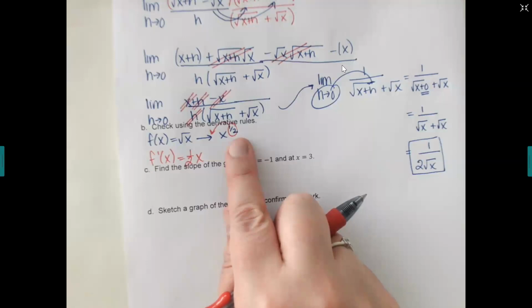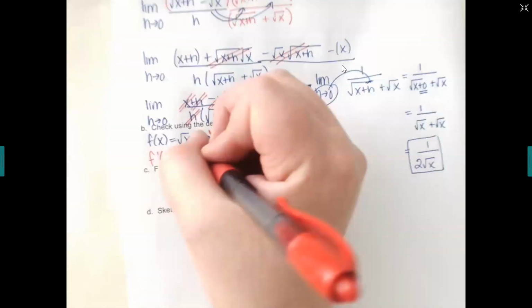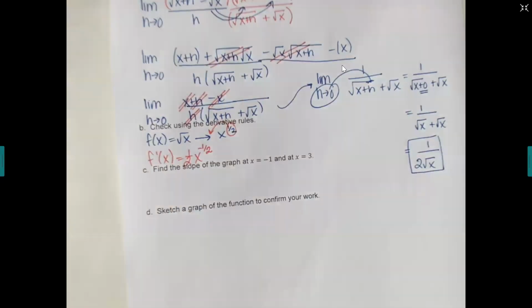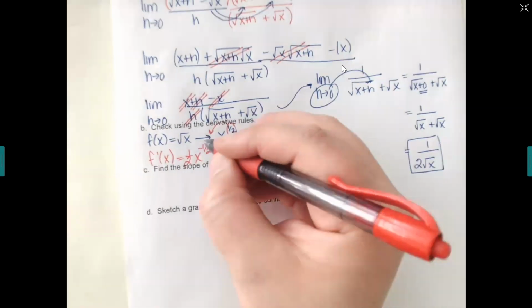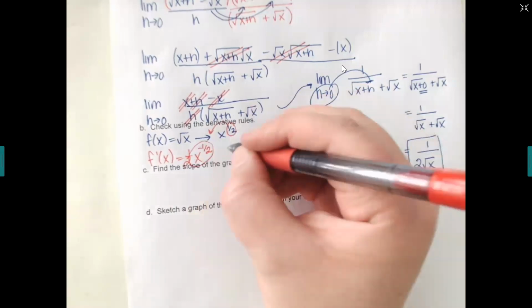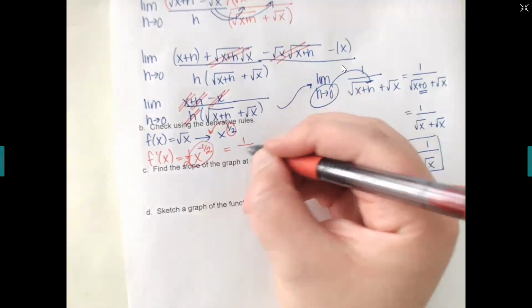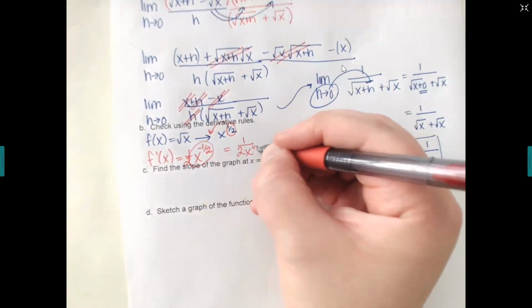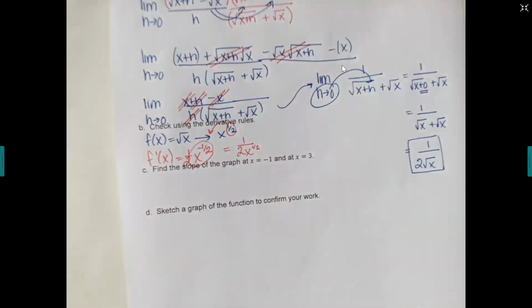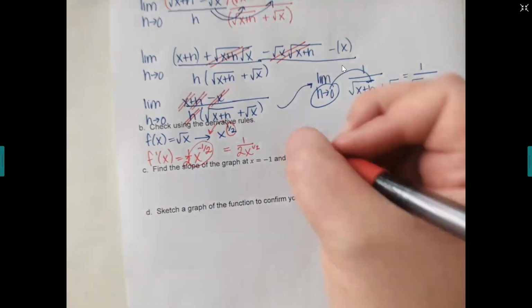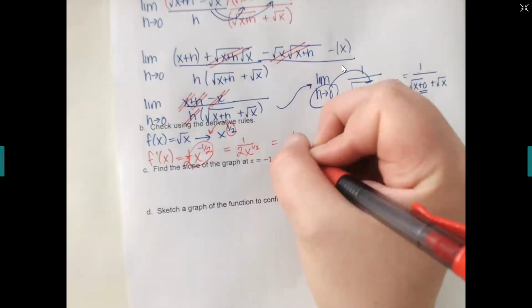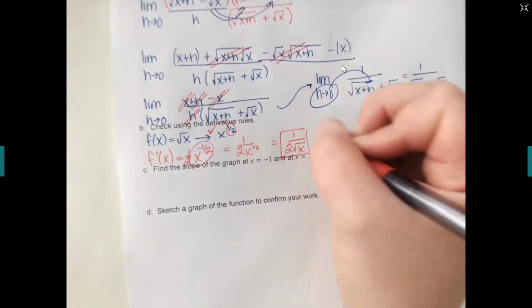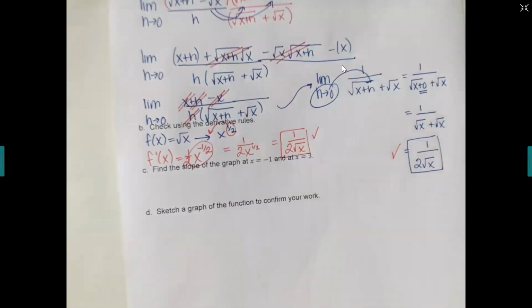So if it's a half, and I take away 1, that gives me negative a half, which brings back all the rules from Algebra 2, that if you have a negative exponent, that term really belongs on the bottom with a 2 in the denominator. And remember that a 1/2 power is the same as a square root, which means we got the exact same answer using our limit definition as we would have using our rules.